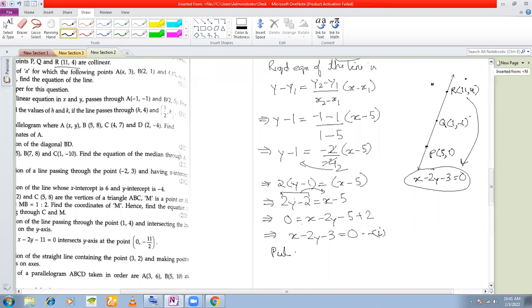Call this equation 1. What is the x coordinate of R? 11. Putting x is equal to 11, and what is the y coordinate of R? 4. So putting x is equal to 11, y is equal to 4 in the left hand side of 1, only this part, let's see whether we get 0 or not.